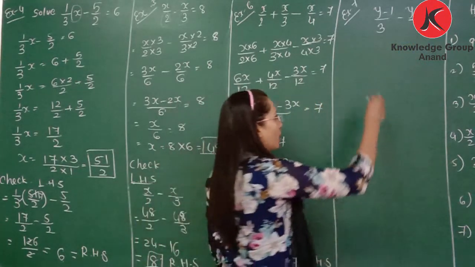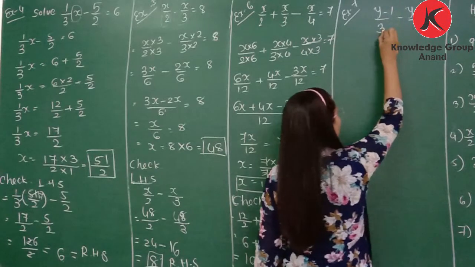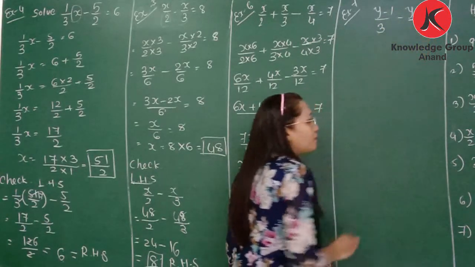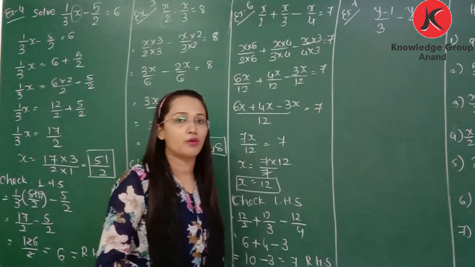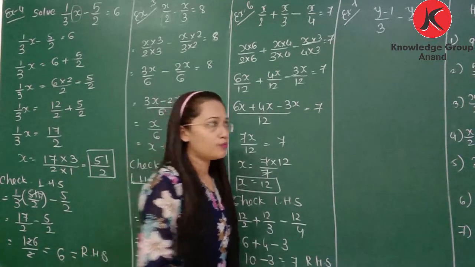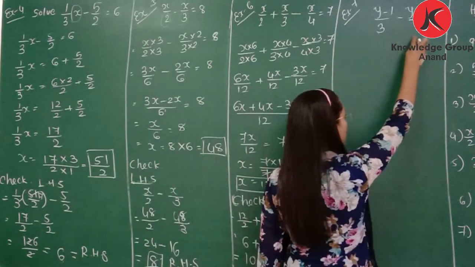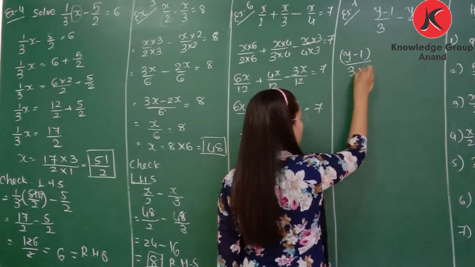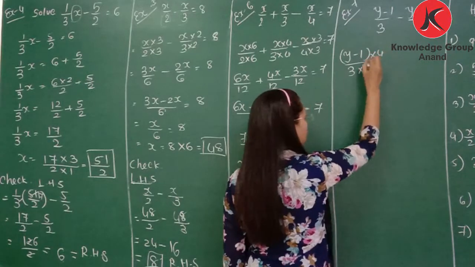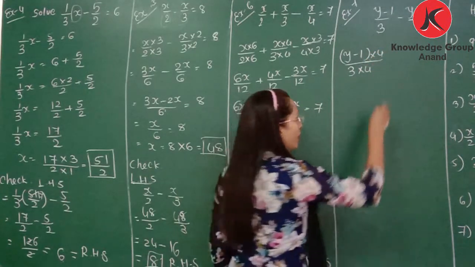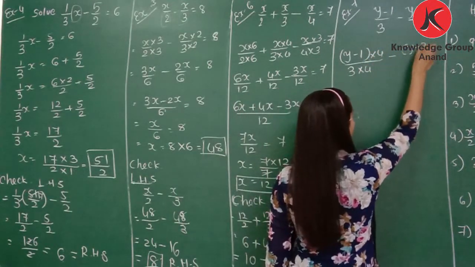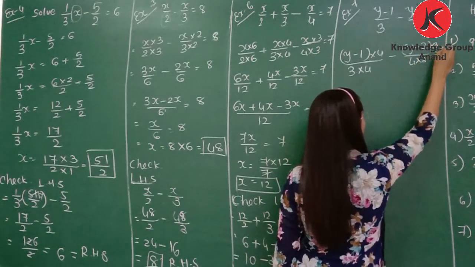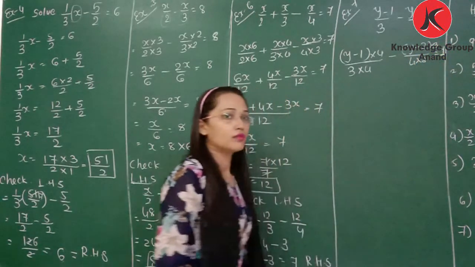So here y minus 1 divided by 3 and y minus 2 divided by 4. So first of all we will simplify the left hand side by taking LCM of 3 and 4. Okay. So LCM of 3 and 4 is 12. It means y minus 1 divided by 3 is multiplied with 4 to get denominator 12 and y minus 2 divided by 4 multiplied with 3 is equal to 1.